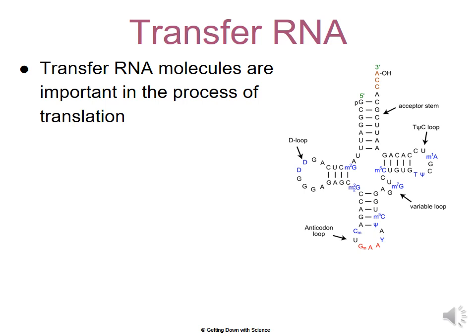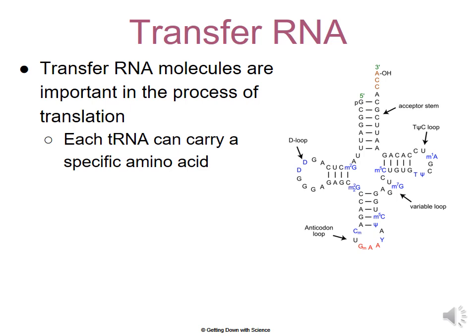So this is where we make those connections between RNA and amino acids. So each tRNA can carry a specific amino acid. So this specific tRNA is coding for one specific amino acid.